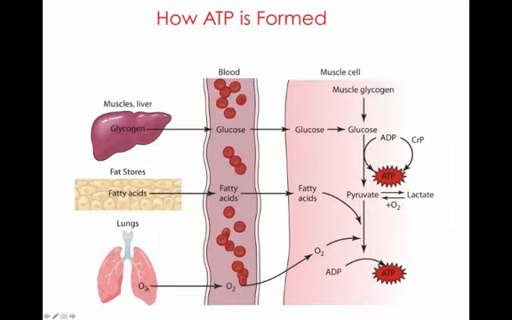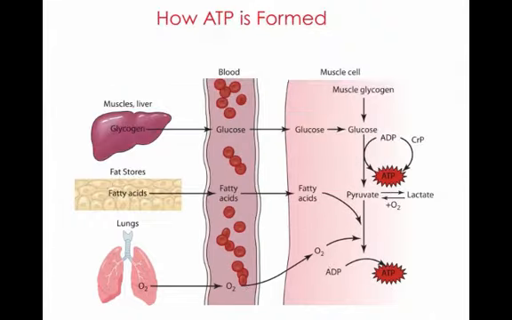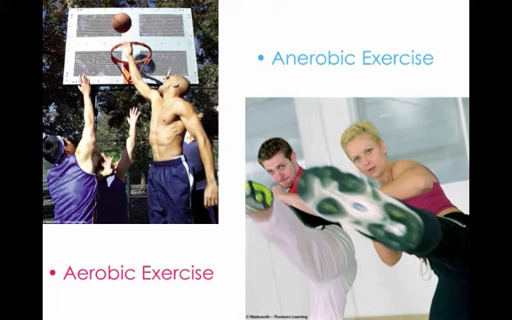And then we have oxygen that we get during aerobic exercise that is also very important in production of ATP. That oxygen from the lung is what distinguishes anaerobic from aerobic activity. Oh yes, so let's look at anaerobic versus aerobic exercise and where that ATP comes from.